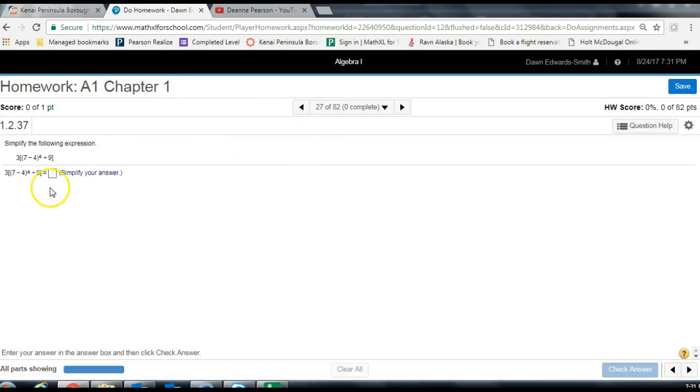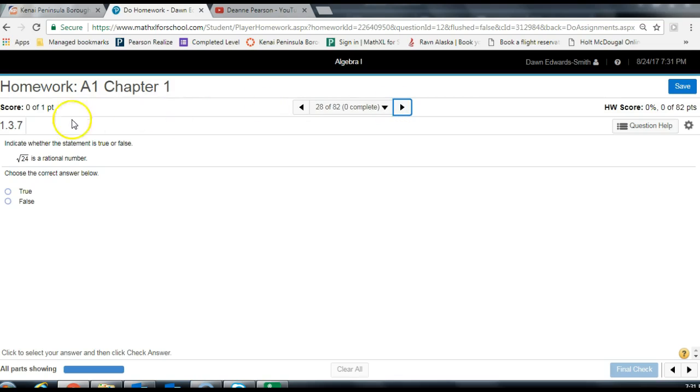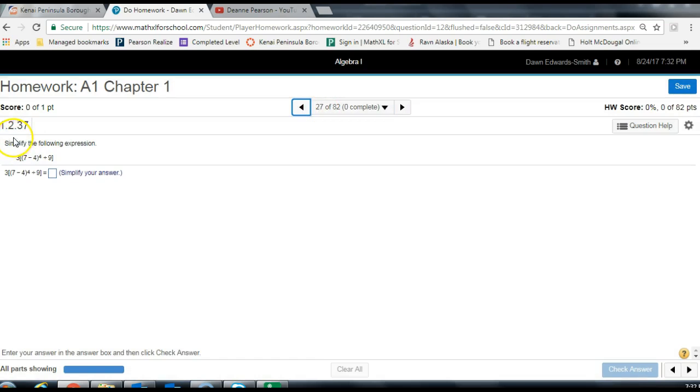And again, it has parentheses and brackets. If you go to the next problem, you're 1.3, so you know right there to stop. You're also up here at 28, so make sure you're stopping at number 27 or at the 1.2.37. And now you may begin your homework.